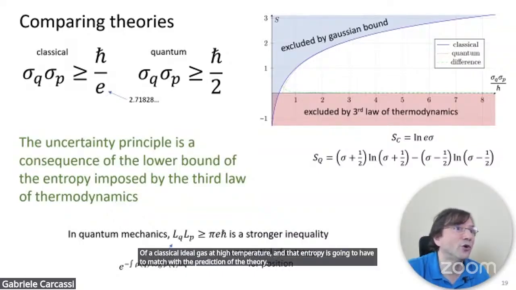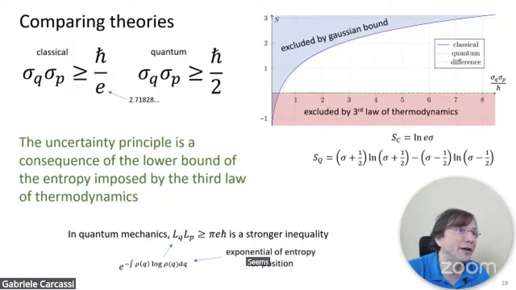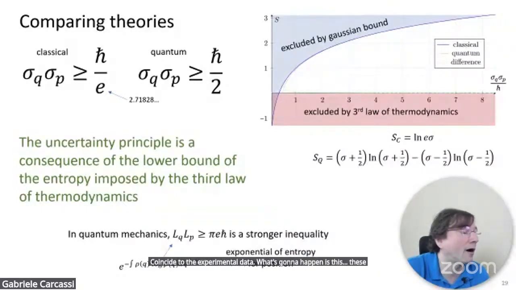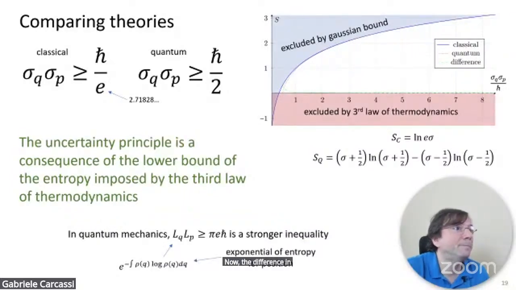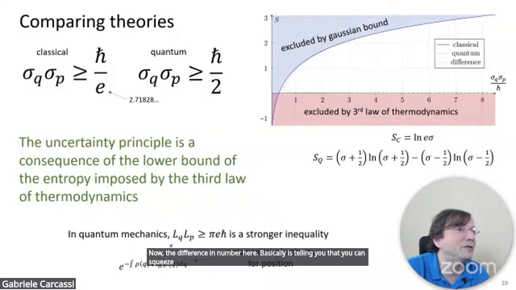Since these two curves have to coincide with the experimental data, these two h bar are going to coincide. Now, the difference in number basically tells you that you can squeeze a little bit more precision in classical mechanics than in quantum mechanics.